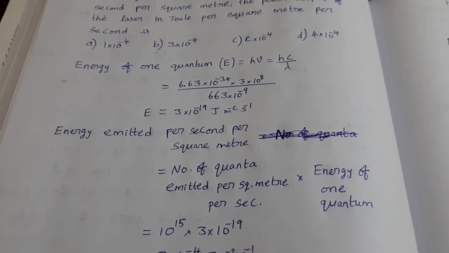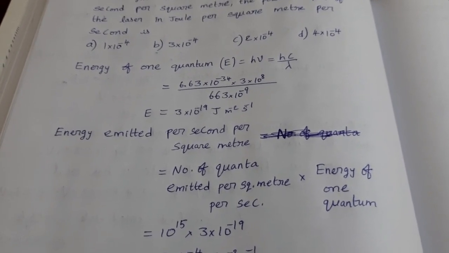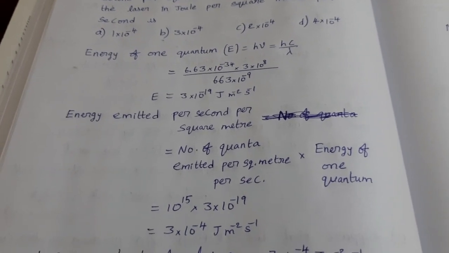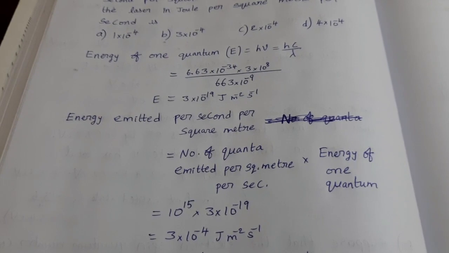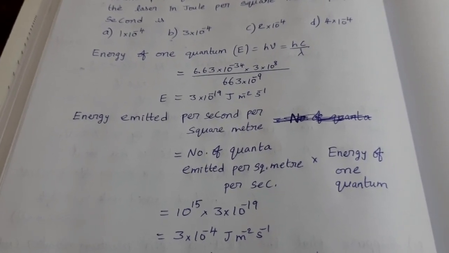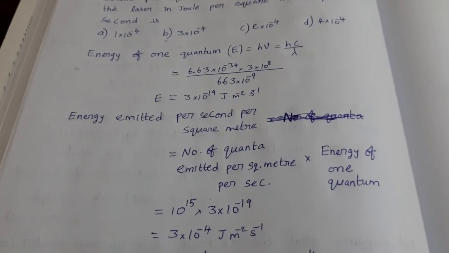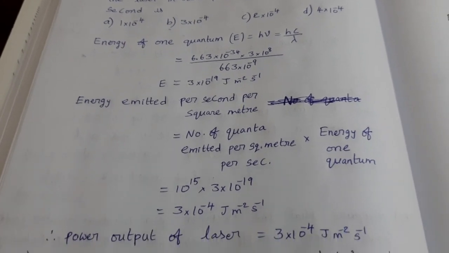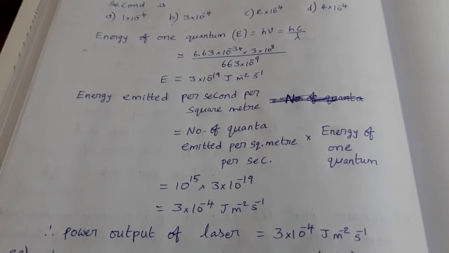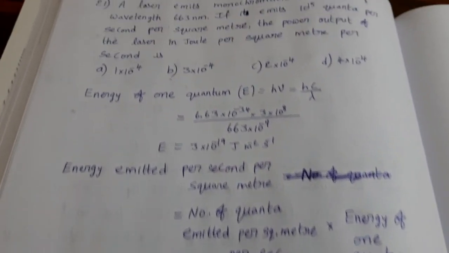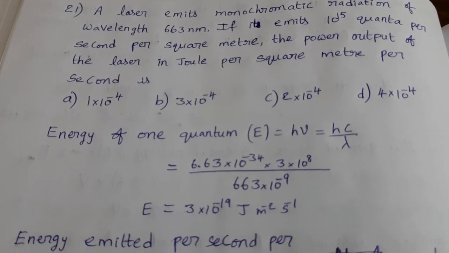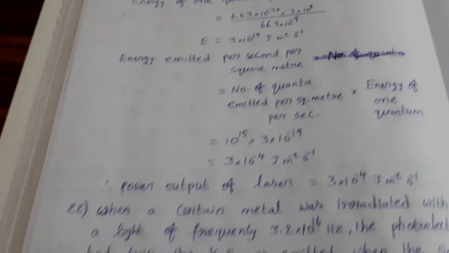So energy of one quantum in the previous step we calculated, that is 3 into 10 power minus 19. So finally we can get energy emitted per second per square meter is 3 into 10 power minus 4 joule per square meter per second. Okay, that is nothing but power output of laser. So what is the option? Option B is the answer, 3 into 10 power minus 4. Okay, see the next one.